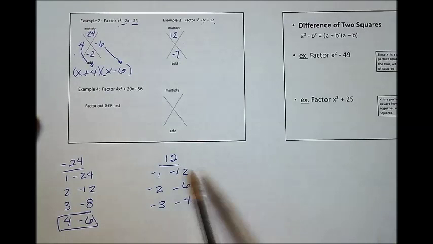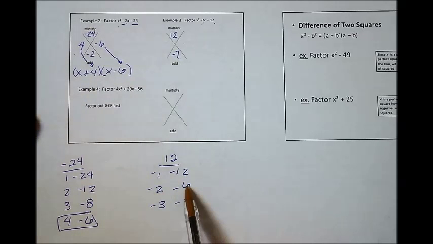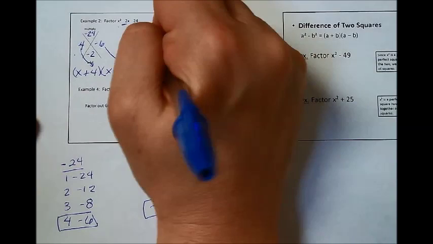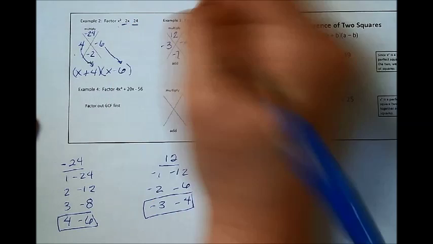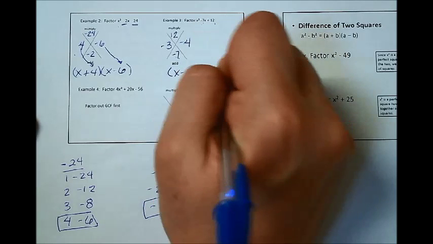We got negative 1 plus negative 12, that's negative 13. Nope. Negative 2 plus negative 6 is negative 8. Negative 3 plus negative 4. Hey, there we go. Negative 3, negative 4. So we have x minus 3 times x minus 4.